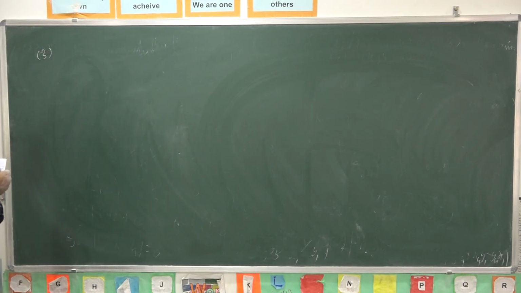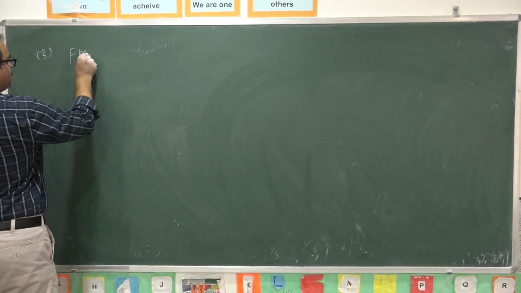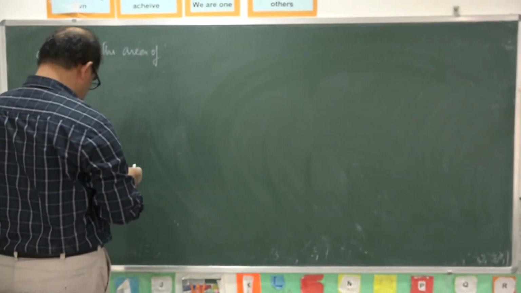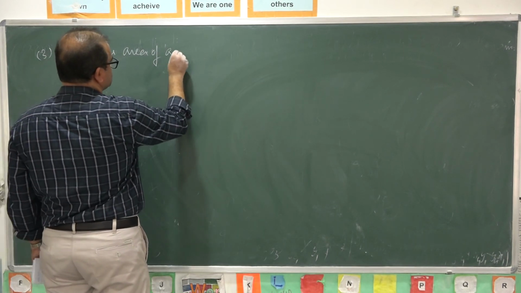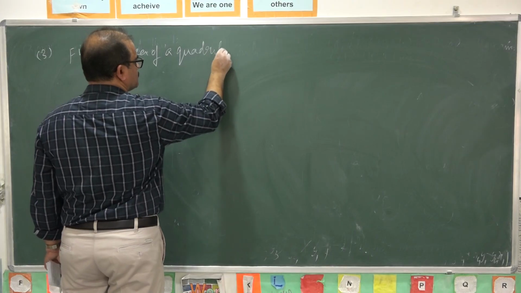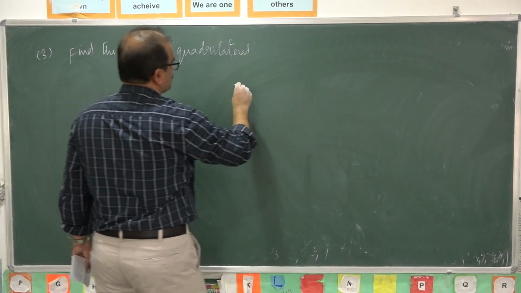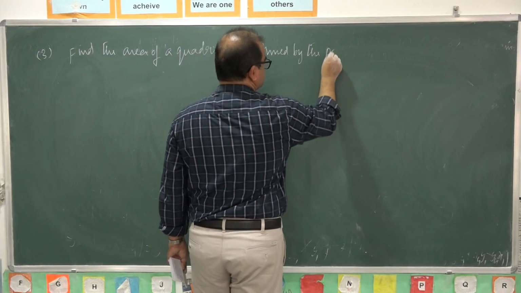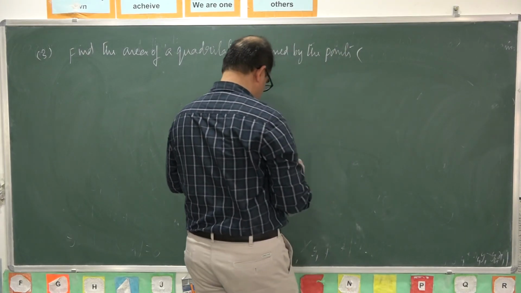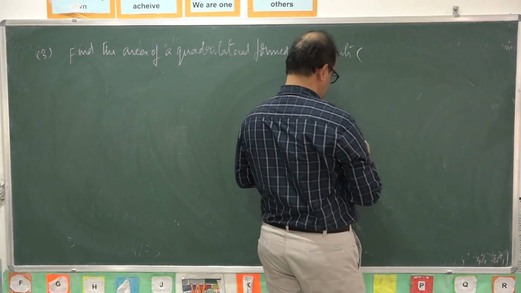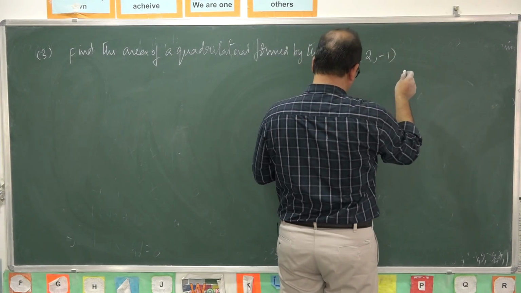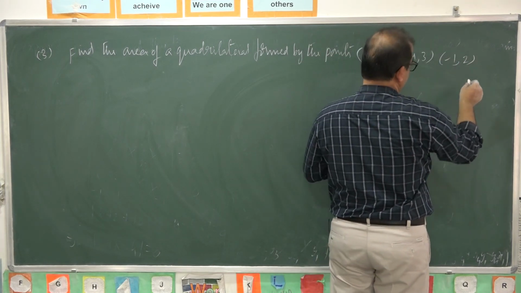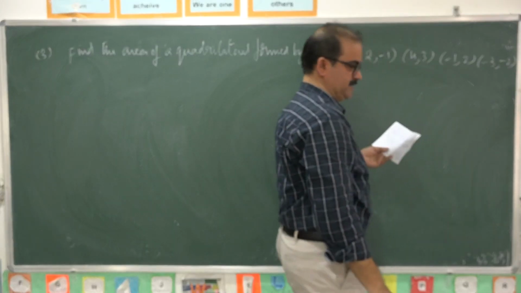Next problem. Find the area of quadrilateral formed by the points (2, -1), (4, 3), (-1, 2), (-3, -2).